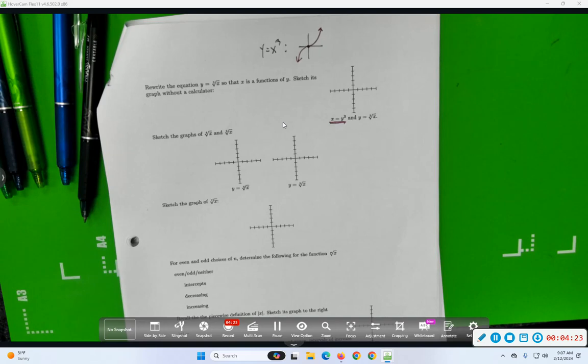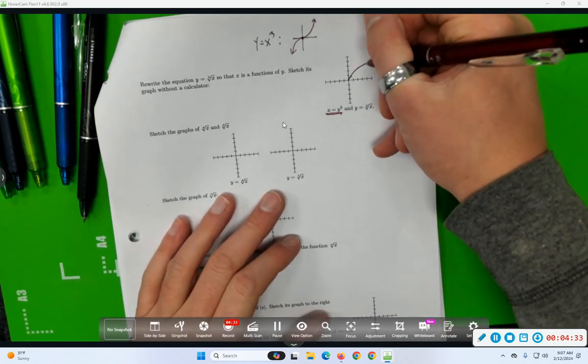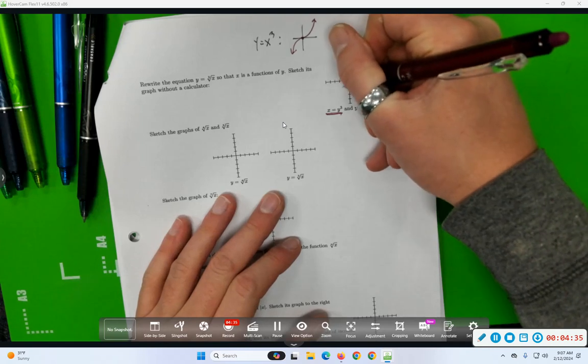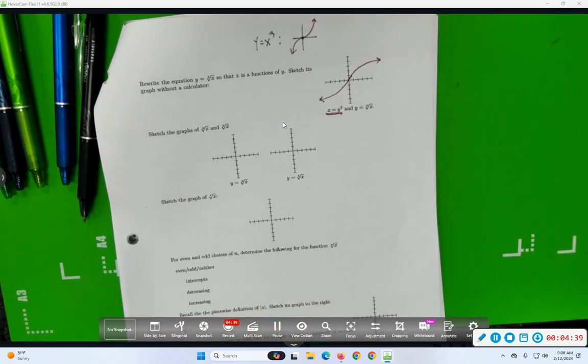Qualitatively it looks something like that. So take that exact same graph and swap the roles of x and y. Instead, it'll look something like that. So there's the graph of x equals y cubed.